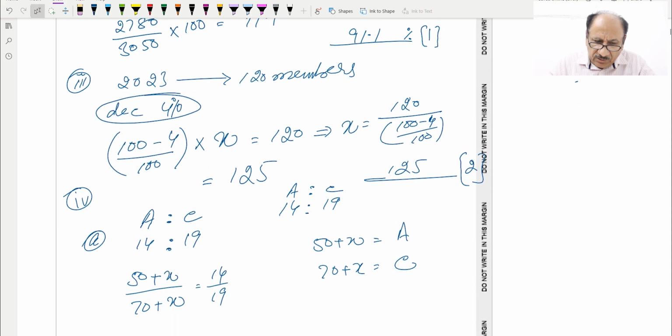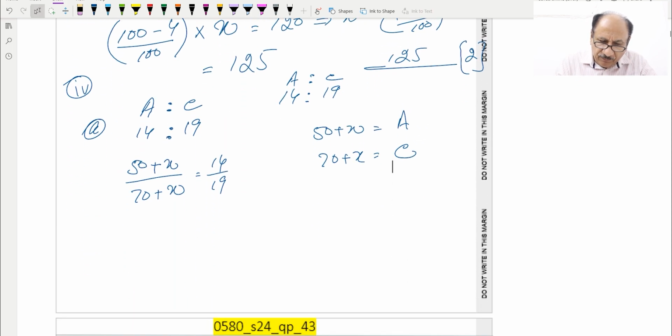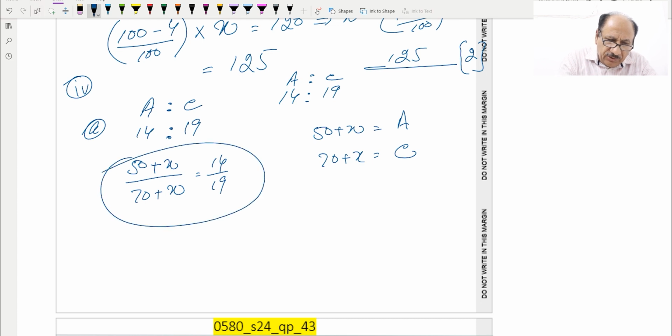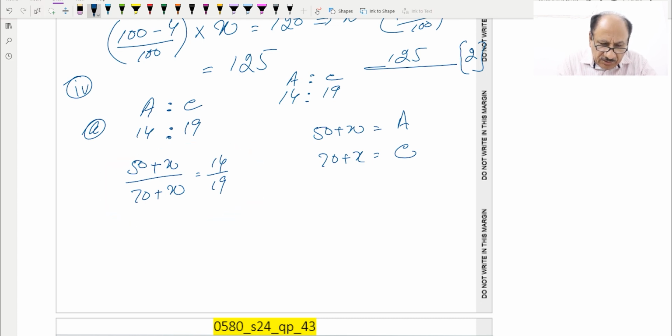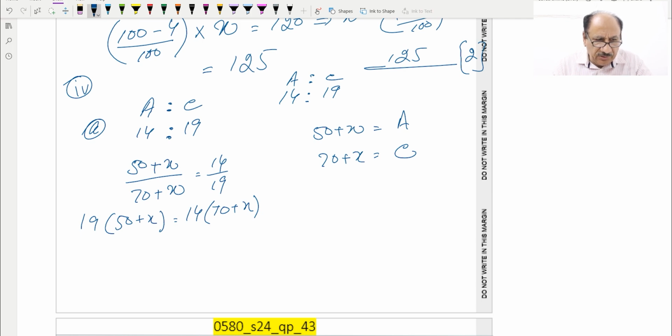So after cross multiplication, we will get an equation which we can write as 19 into 50 plus x is equal to 14 into 70 plus x, and this will be giving us, what? We can simplify, basically we need to find the x value now.